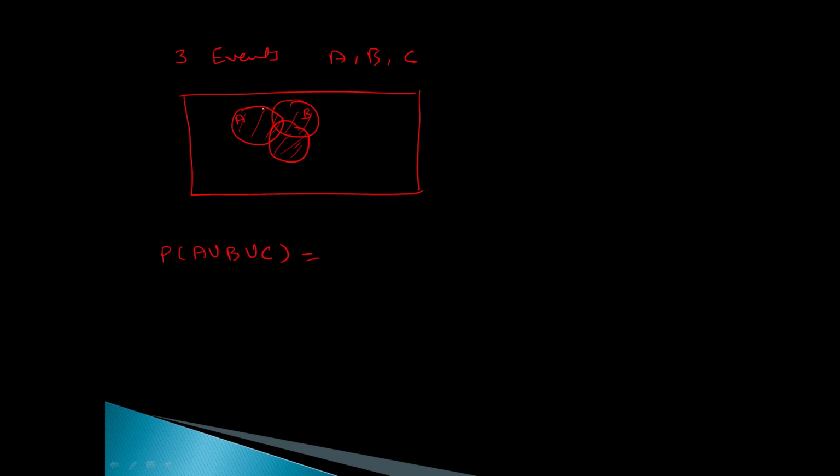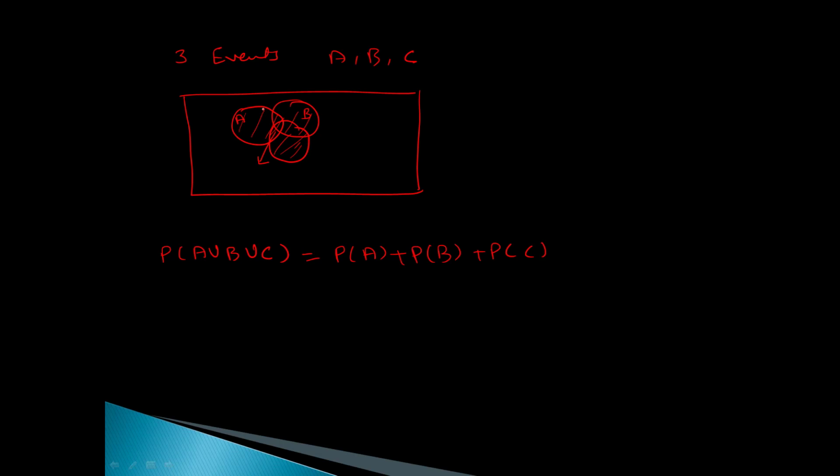First of all, we can add up the probabilities of the individual events, so P(A) plus P(B) plus P(C), as we did in the case of 2 events. Now when we do that, we add these intersection areas 2 times.